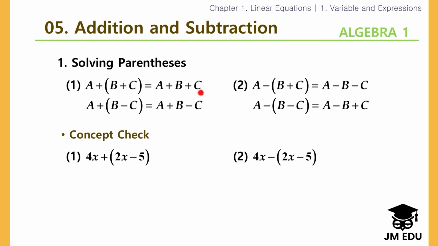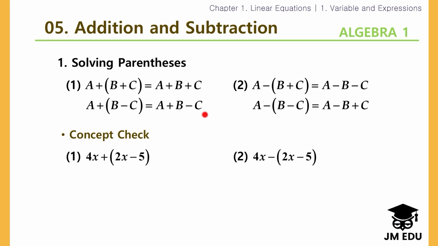So if we have plus in front of a parenthesis, just eliminate these parentheses without changing anything. Let's say we have a plus parentheses b minus c, same thing. That's just a plus b minus c.